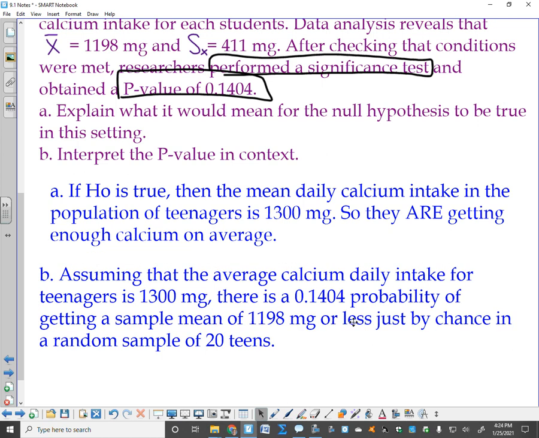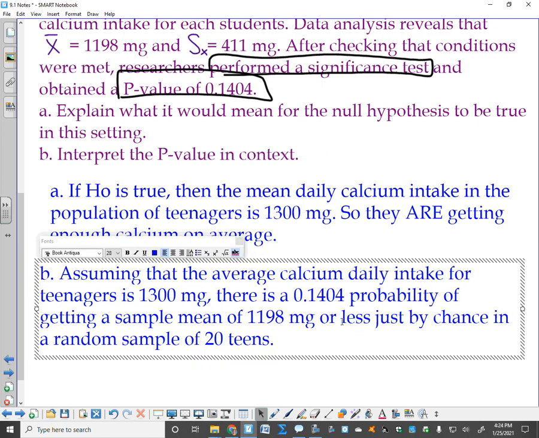If it was a not equal to, it would say right here something about being extreme or as extreme, because it doesn't matter which way it goes. Could be greater, could be less. It just needs to be 1198 or more extreme. Okay. Then you have to have the "just by chance," because that's the whole point of a p-value, is that it happened just by chance.